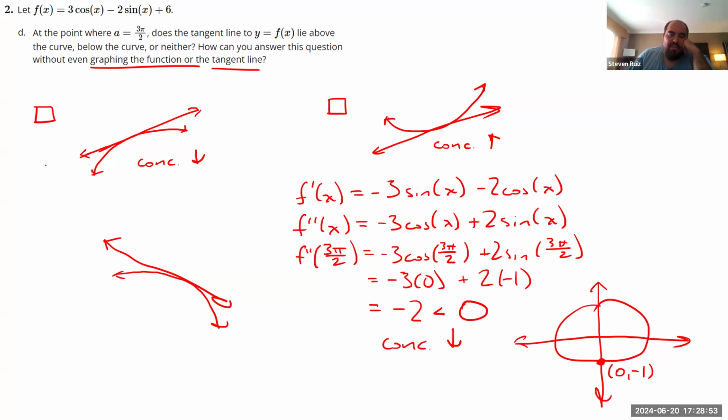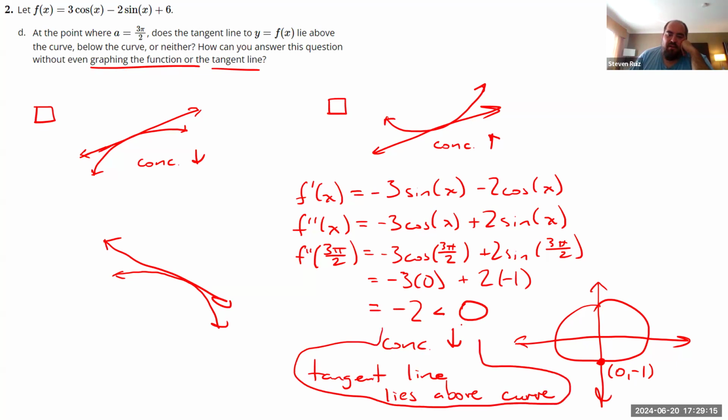Hopefully from my diagrams, you can see why I'm saying that concave down implies that the tangent line lies above the curve. And really, these two things are, I believe, equivalent to each other. If you have a graph that's concave down at a point, then that means the tangent line has to be above the curve at that point.